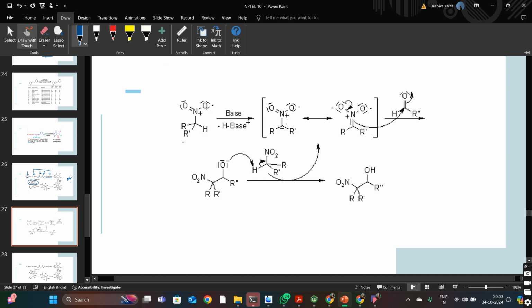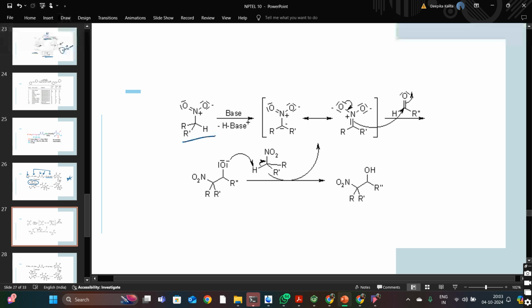So the reaction starts from nitroalkane, which undergoes deprotonation to give this anion. And this carbanion attacks the aldehyde to give us this oxyanion.